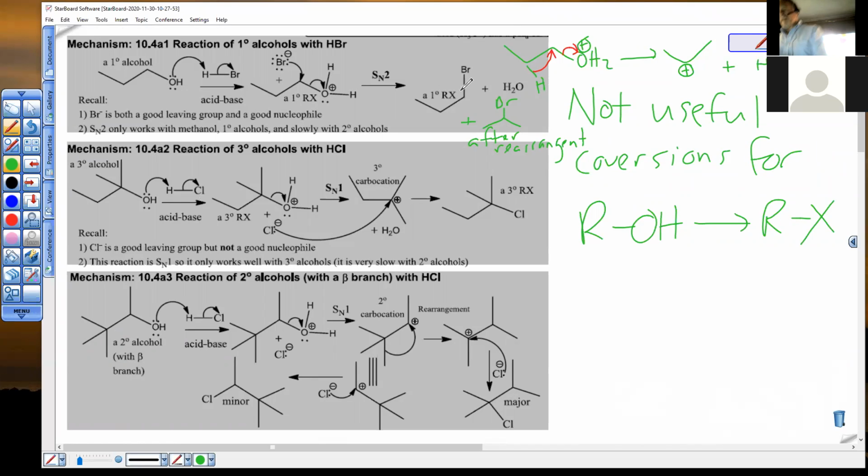And I do want to remind you, Br minus is actually a strong nu, so it can do things like SN2 reactions. Cl minus is a moderate to poor nu, so it doesn't like doing SN2 reactions. It can do the SN1 because any nucleophile can do an SN1 on a carbocation.